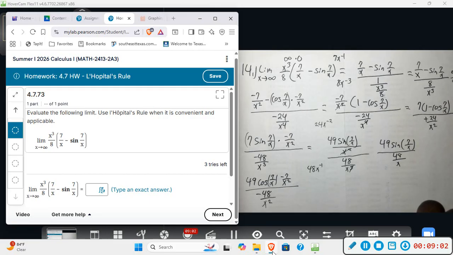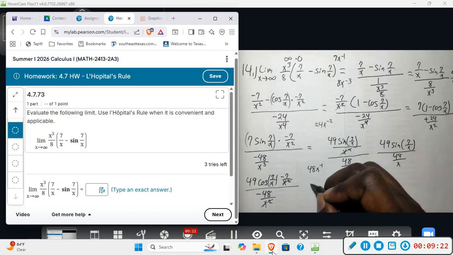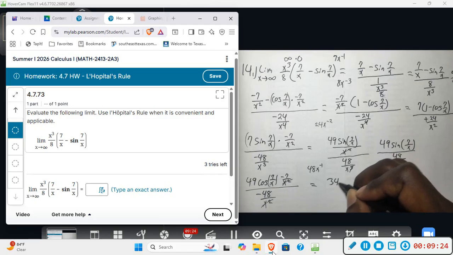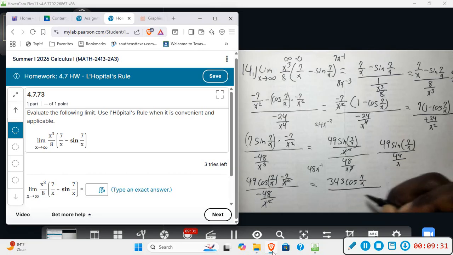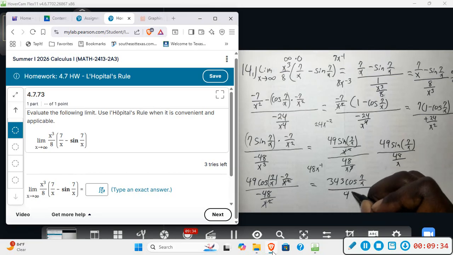All right. So we're going to start simplifying. X squared will cancel out the x squared. Negative will cancel out the negative. 7 times 50, I'm going to go up 1 and then subtract 7. 7 times 50, 350. Subtract 7, so 343. So we're looking at 343 cosine 7 over x all over 48.